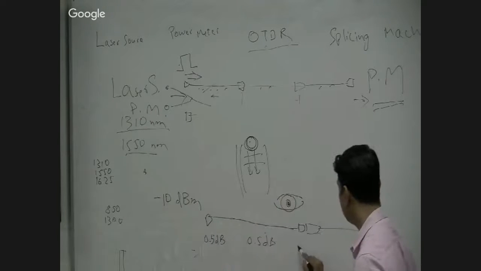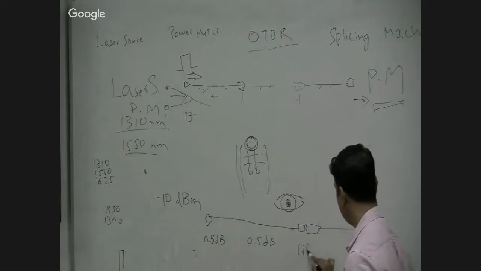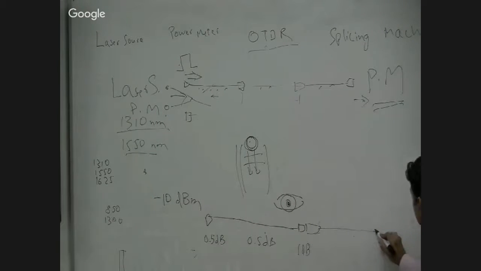and another connector gives you 1 dB loss. And there is some break or maybe some impurity in this fiber giving you a 3 dB loss. The final connector is 0.5 dB.